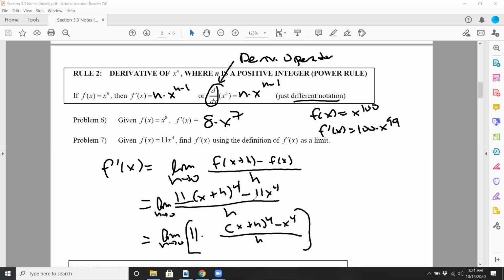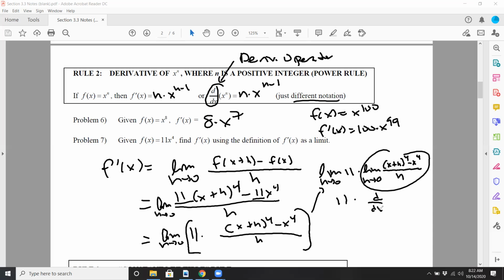And notice I factor out 11 from here and here. I can take the limits of those separately. And that's just going to be 11, the limit of any constant still is constant, times, and this right here we already know from our previous example, it's just the derivative of x to the 4 power, which I know is 4x cubed. I get 44x cubed.